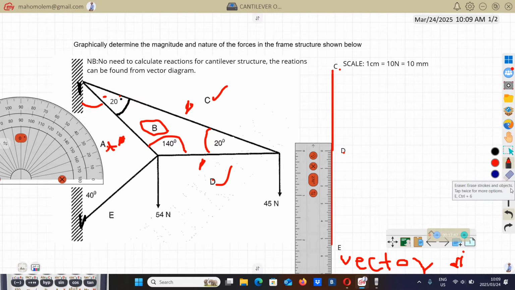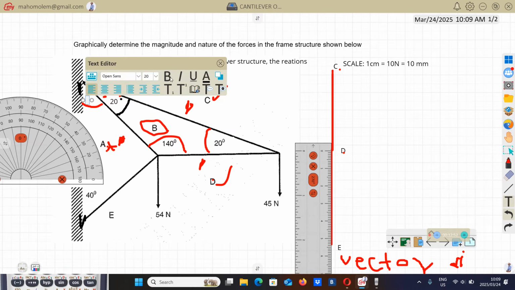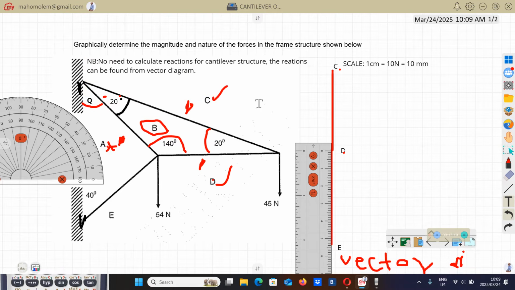Let's say angle Q. Now let's find the angle Q.